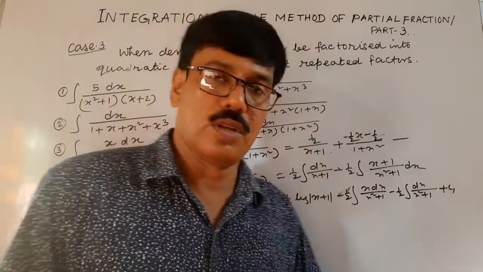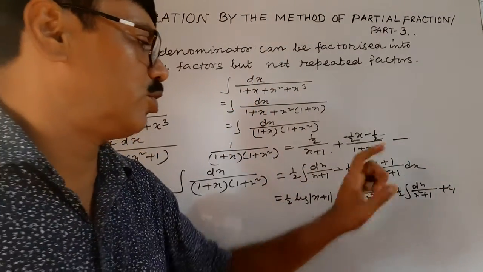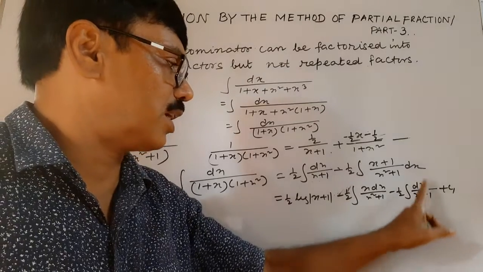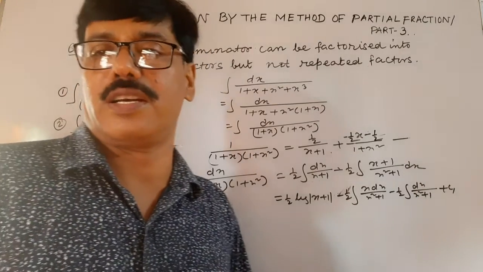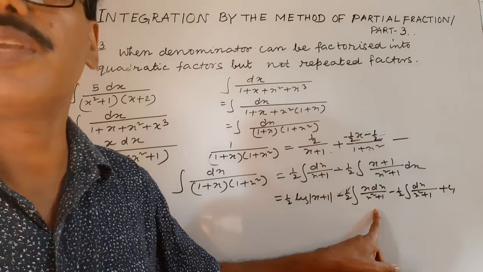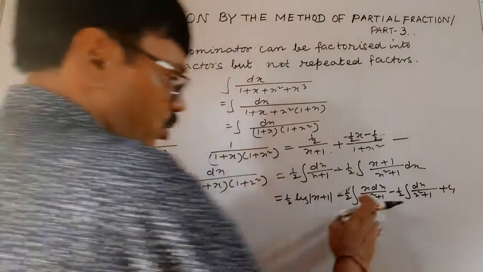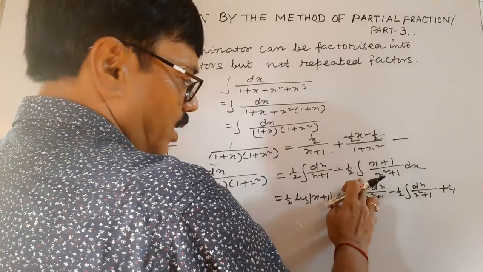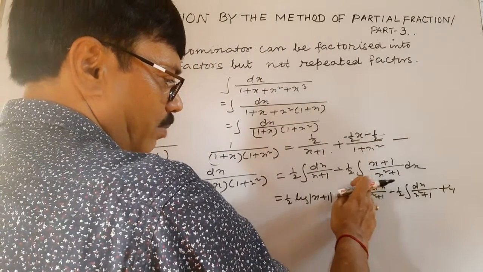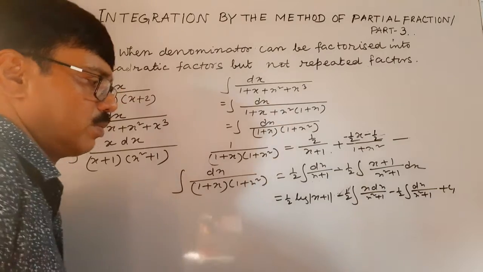Now look, we are dividing it into two parts because the second one, dx by x square plus 1, is standard, tan inverse x. This one also, look, x square plus 1, its derivative is 2x. So this is f dash x by f x, log f x form.